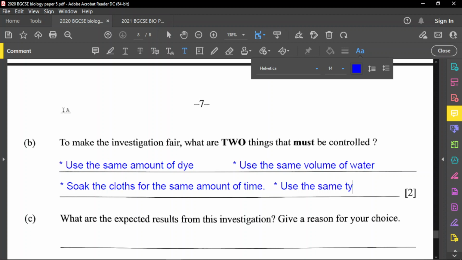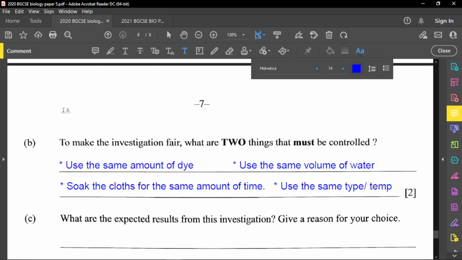There are a number of things here, the same type or temperature of water, because if one water is hard, and when I say hard, I mean it contains minerals, then the detergent will not lather properly and will not take out the stain easily. And if both of them are soft water, which come from the same source, then you're going to work pretty much equal. So the water will not affect the effectiveness of the detergent.